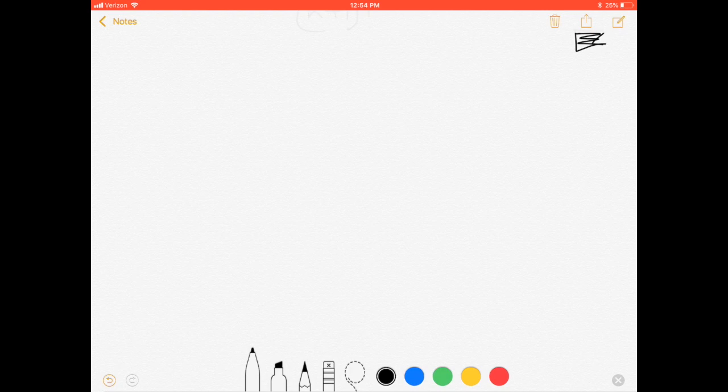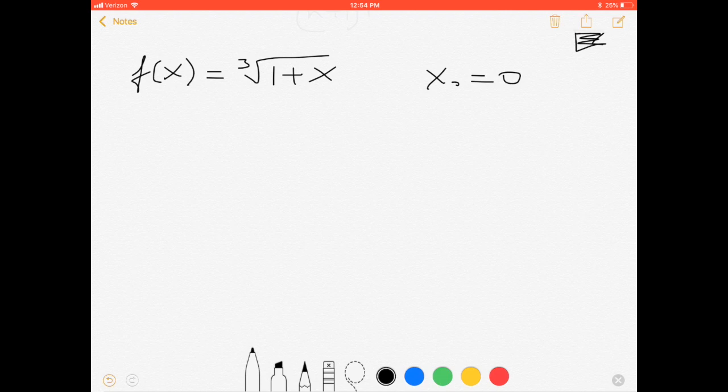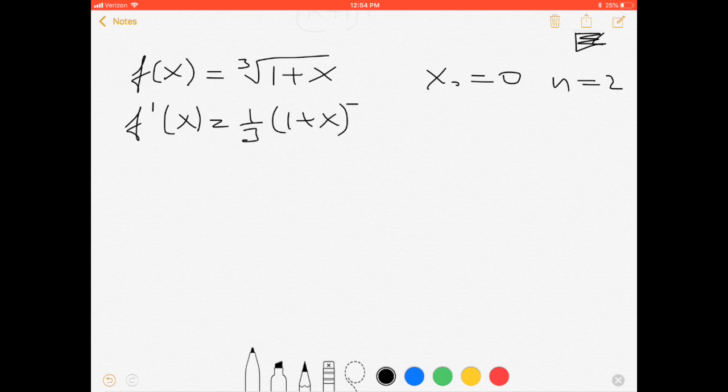Let's do an example. Can we write our Taylor polynomial? This means using Taylor's theorem to write the function like a polynomial. Our function f(x) is the cube root of 1 plus x, x0 is 0, and n equals 2. Okay, find the first derivative. This will be 1/3 (1 plus x) to the power negative 2/3.